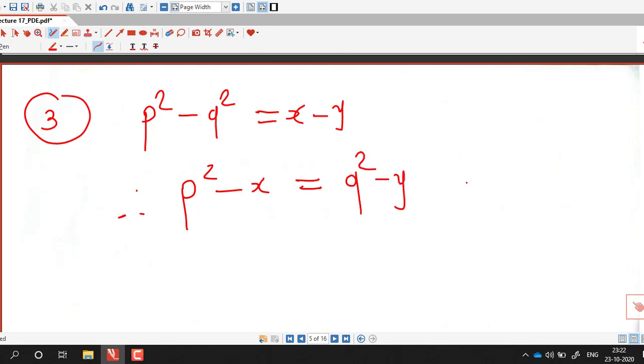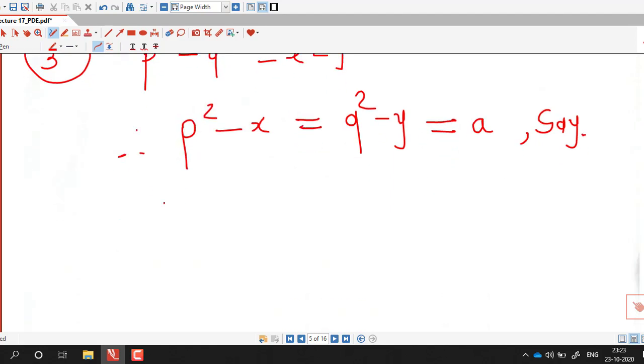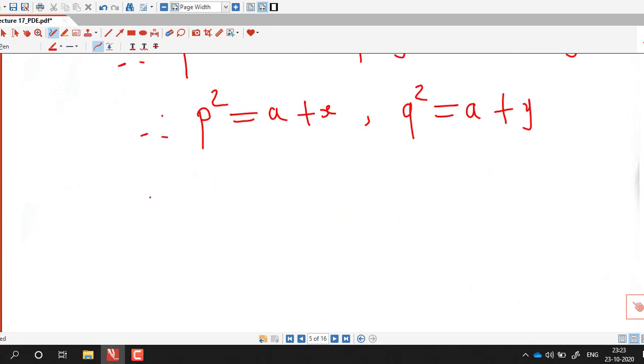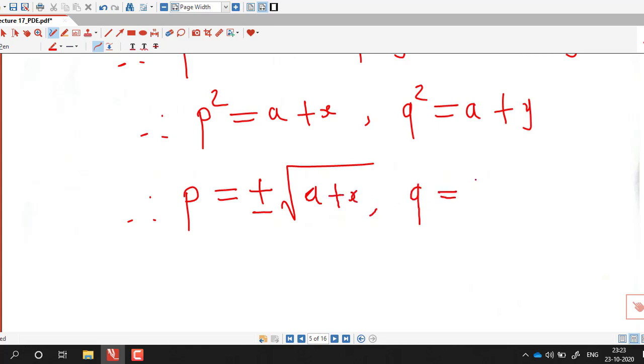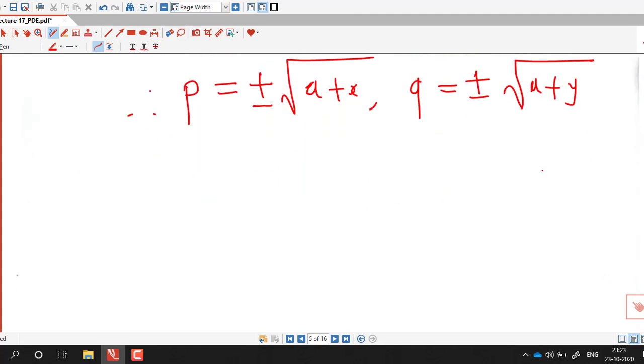So this is in standard form 3. On one side we have a function of x and p only, on the right hand side we have a function of q and y only. So from this we can obtain the values of p and q. P square is a plus x, similarly q square is a plus y. So therefore p is plus or minus square root of a plus x. This is also plus or minus square root of a plus y.